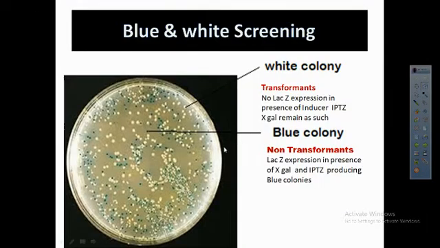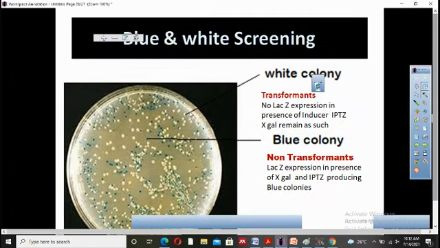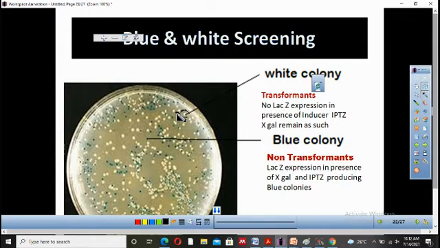So you can see here, when there is no lacZ expression, it means that the reading frame of lacZ is disturbed. In the presence of inducer IPTG, X-gal remains as such, leading to the formation of blue-white colonies. So here this colony is white, this colony is white, these colonies are white. It means that they are transformants.